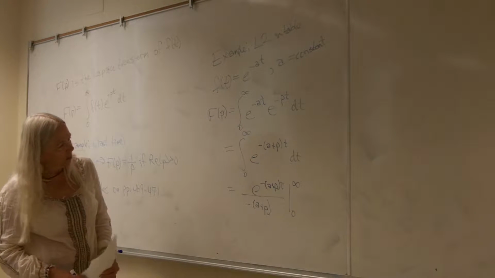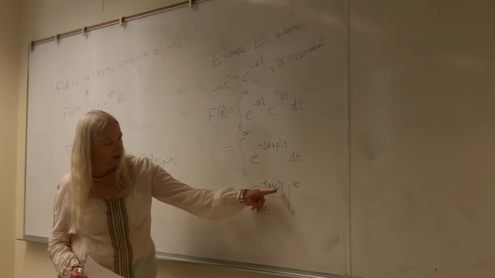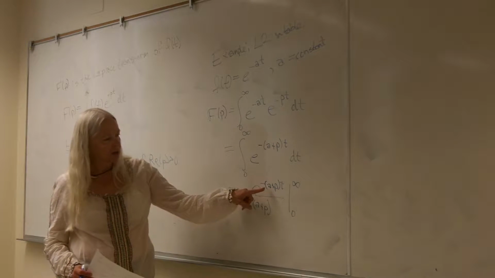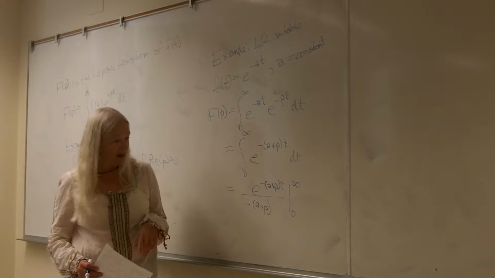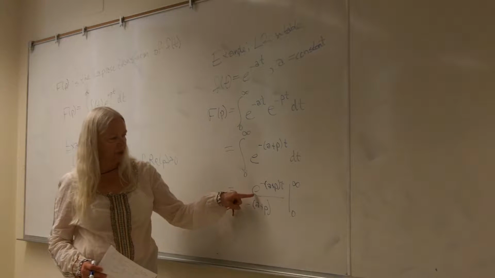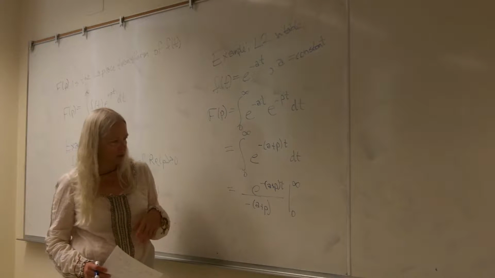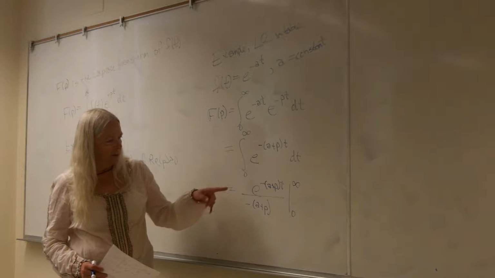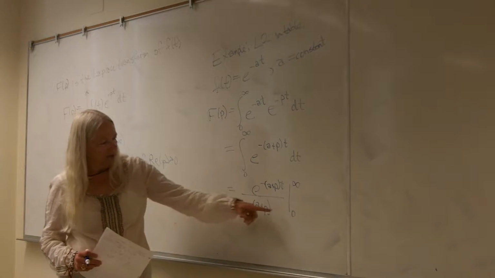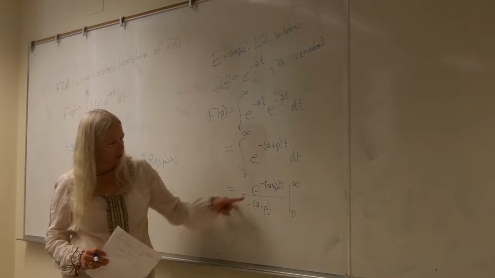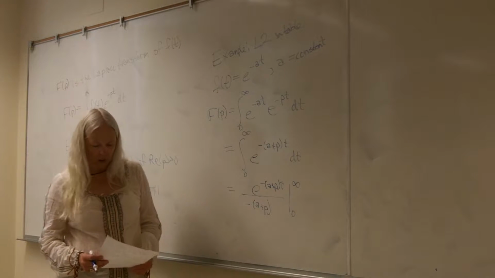So at the upper limit, when t is infinity, assuming a plus p is positive, then the exponential will be e to the minus infinity, which of course will be 0. And from the lower limit, when t equals 0, this is e to the 0, which is 1.